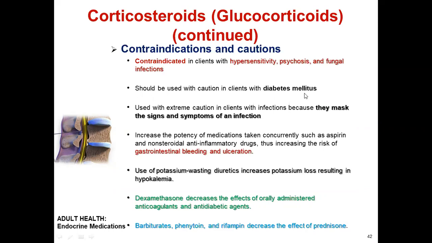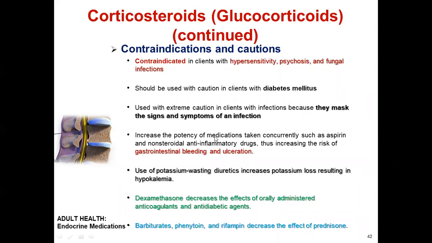If you know your patient has diabetes, before giving the steroid, educate them on how to manage and adjust the insulin. Use with extreme caution in the client with infection, because steroids may mask the signs and symptoms of infection, so it is very important to monitor.